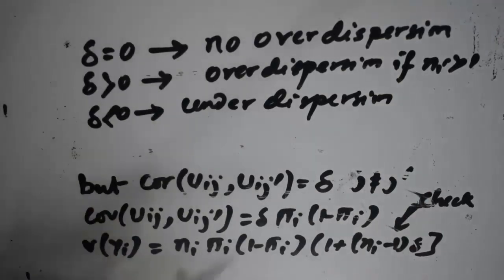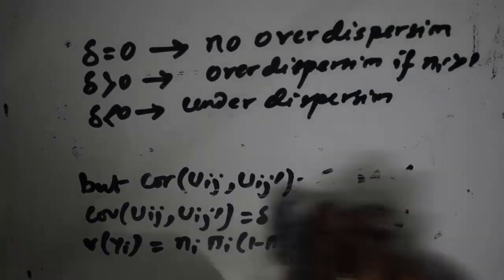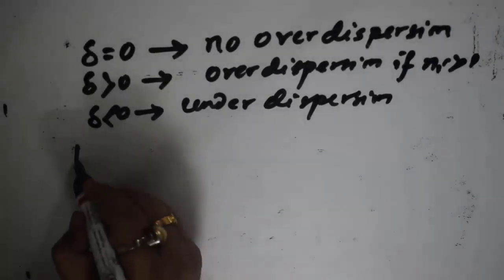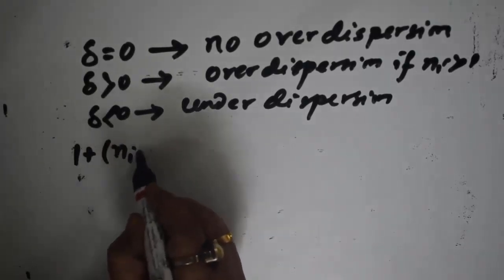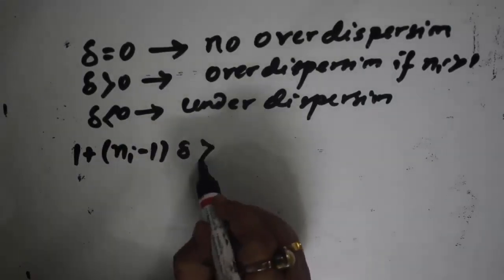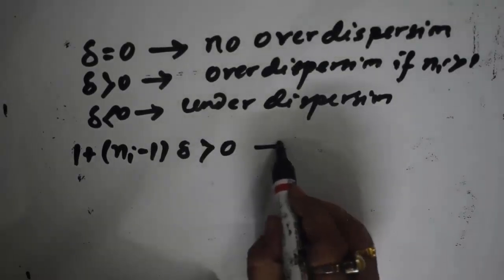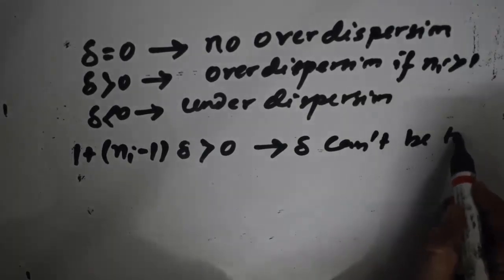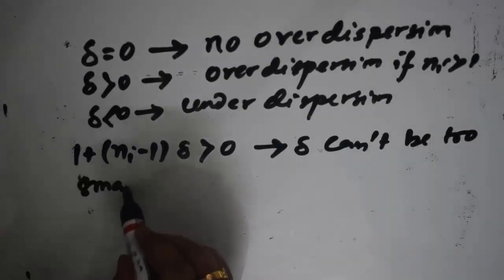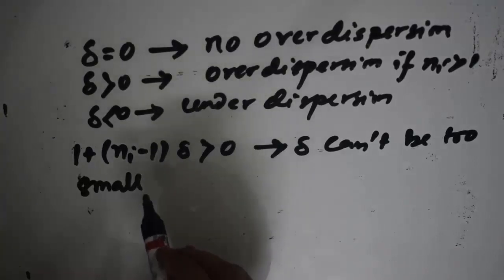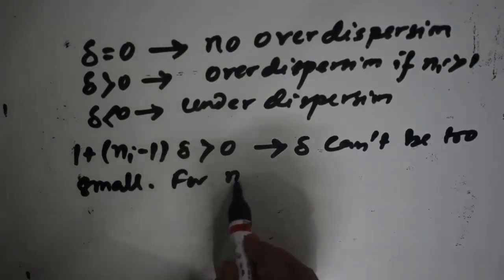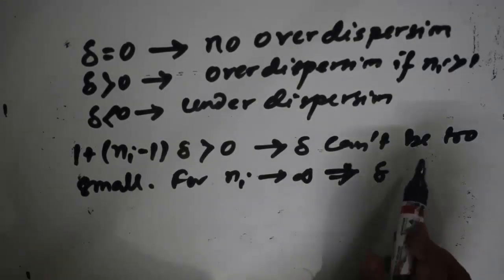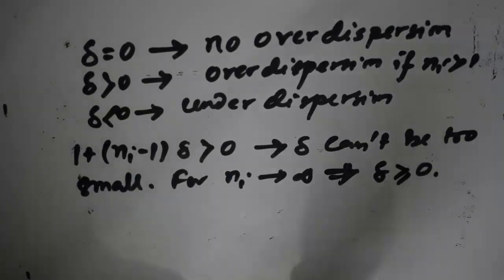Since we need 1 plus (ni minus 1) delta greater than 0, delta cannot be too small. For ni tending to infinity, delta greater than or equal to 0.